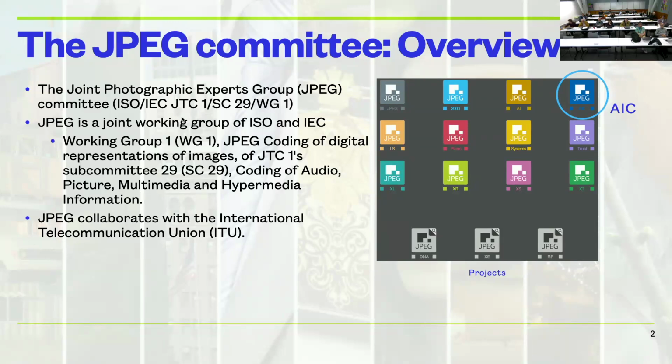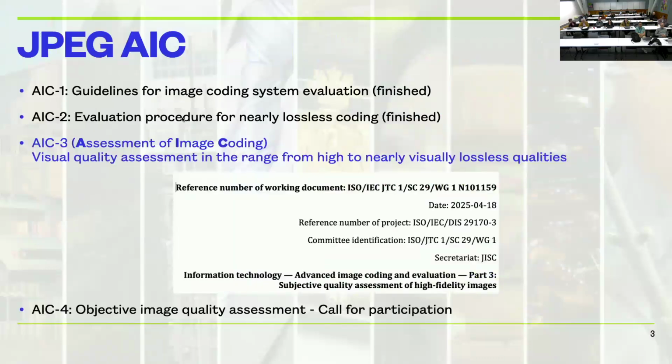And AIC has already gone through several parts. Part 1 and part 2 are finished. Part 1 is about the standard type of quality assessment, BT.500 type. And AIC-2 is an evaluation procedure for nearly lossless coding, defining a threshold that says, okay, now the image is perceptually lossless, and now it is lossy.